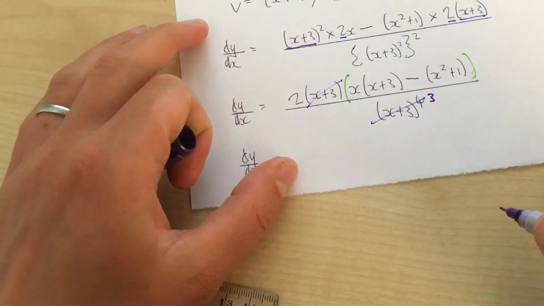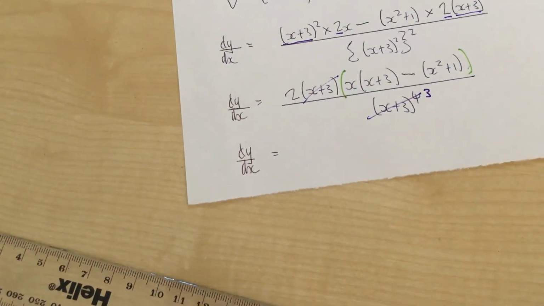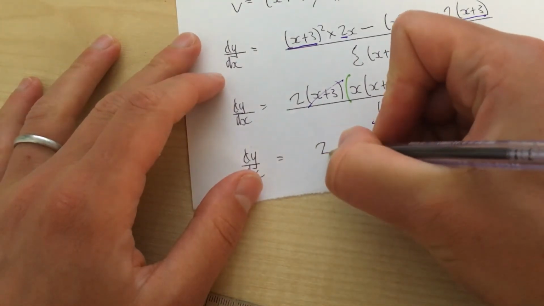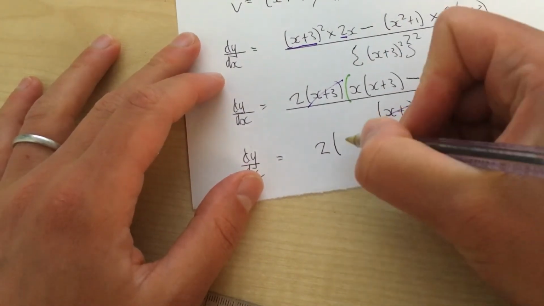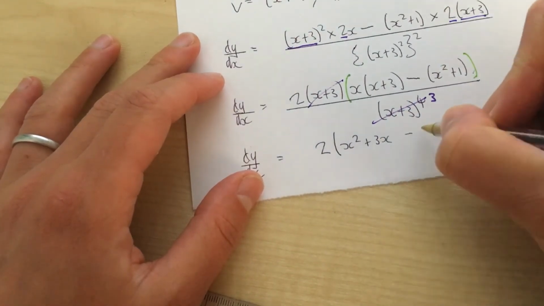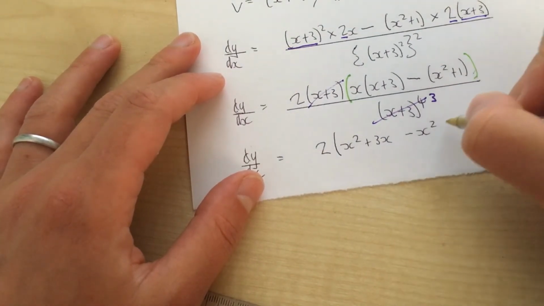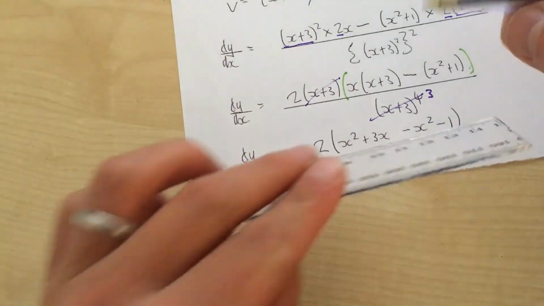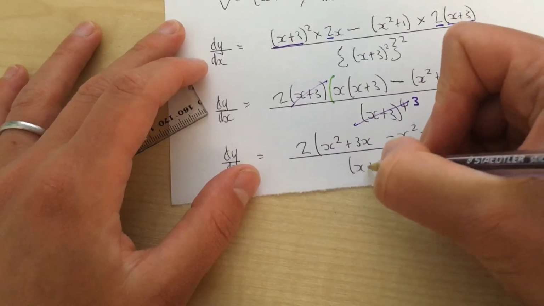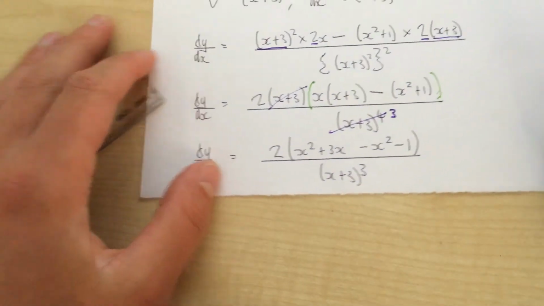It's still x plus 3 cubed. So on the numerator, I will have 2 brackets x squared plus 3x minus x squared minus 1. And my denominator will be the cube of x plus 3.